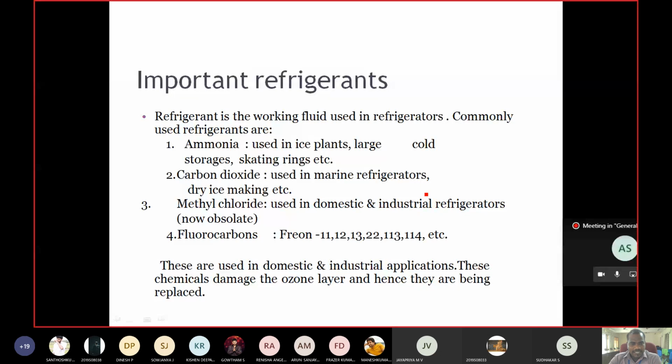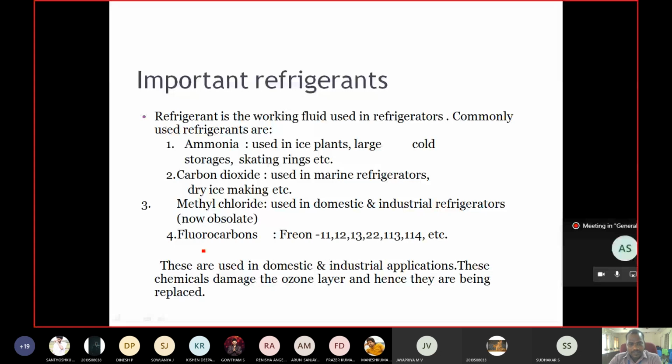Second, carbon dioxide, used in marine refrigerators, dry ice making, etc. Then we have methyl chloride, used in domestic and industrial refrigerators. It is now obsolete. Obsolete means that it no longer exists in use. Methyl chloride is obsolete now because of some disadvantages.